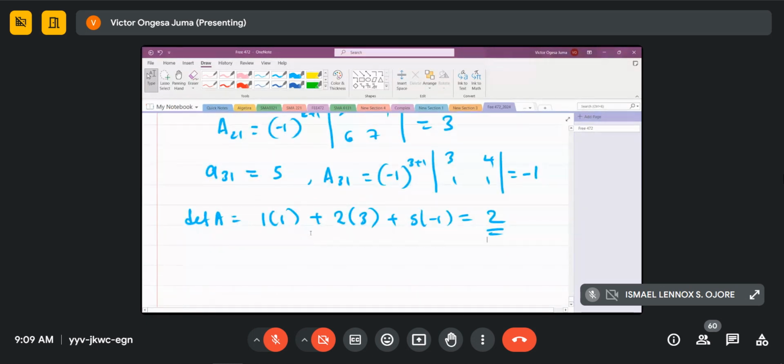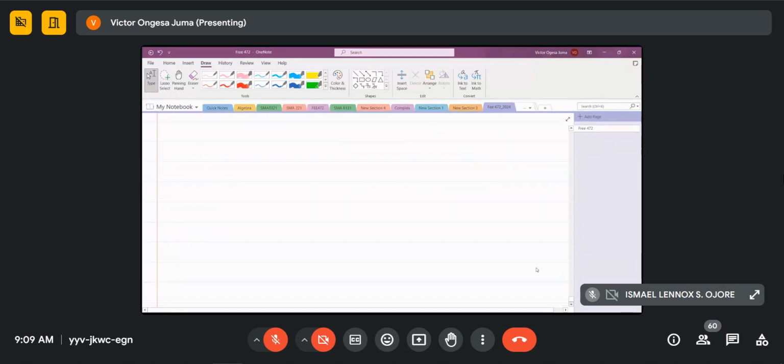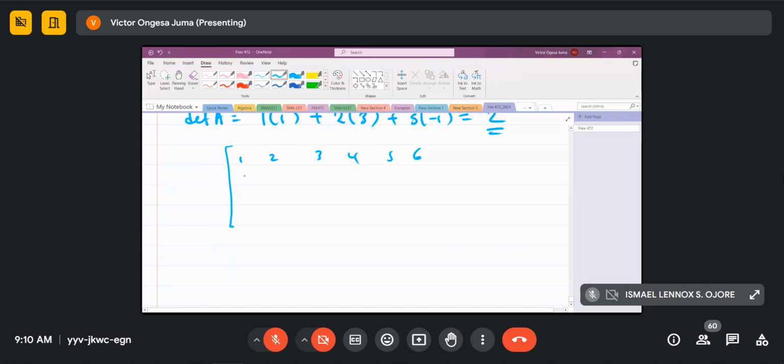Because assuming, it's just defining the cofactors, assuming you have a matrix like this, with rows 1, 2, 3, 4, 5, 6, 7, 8, 9, 10 and columns 1, 2, 3, 4, 5, 6.